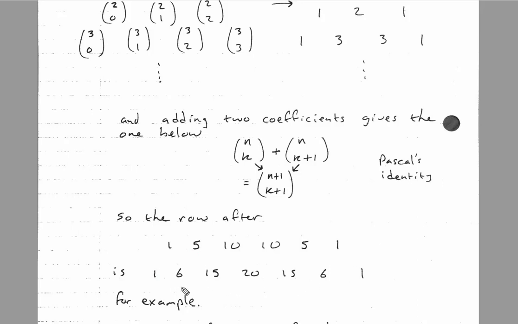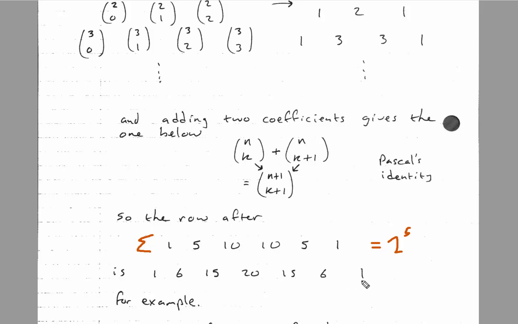And that other pattern we noticed, if you add all the numbers in one row, you get a power of 2. We saw earlier if you sum all of these, it's 2 to the power of 5, 32.